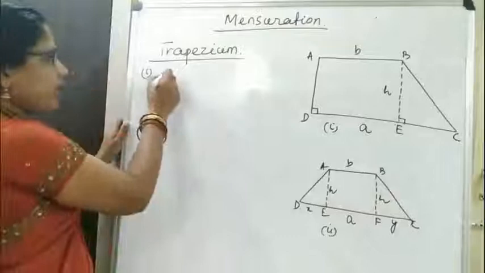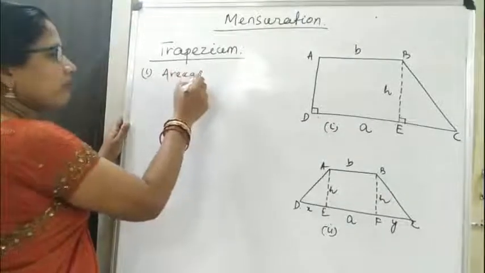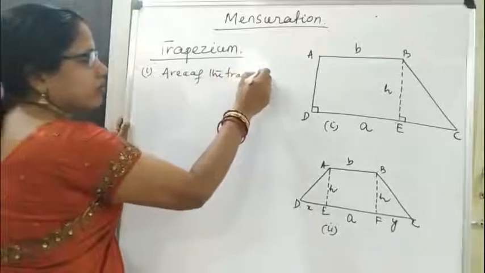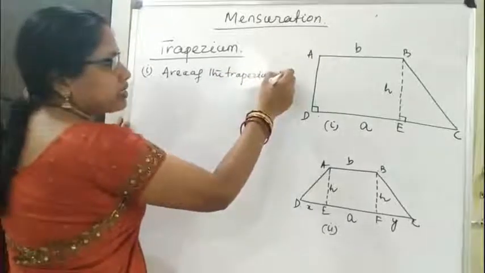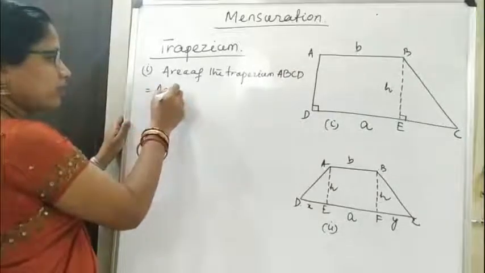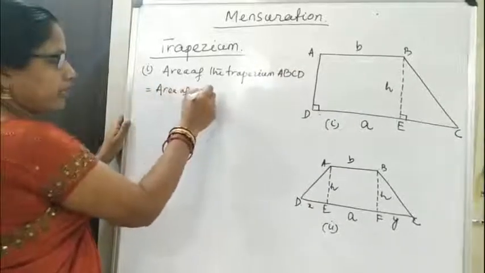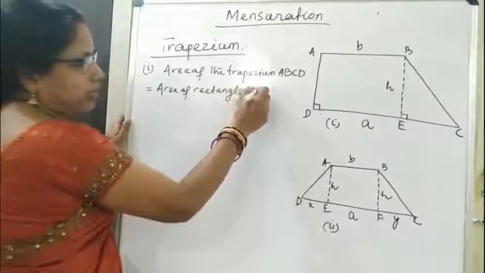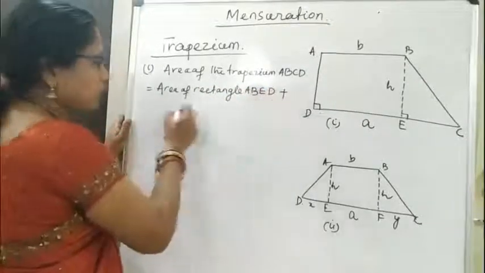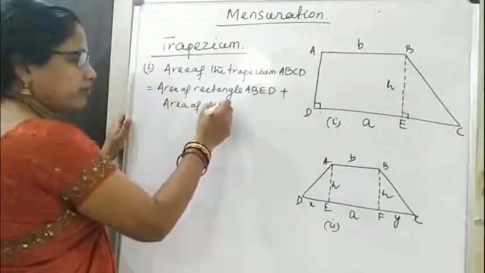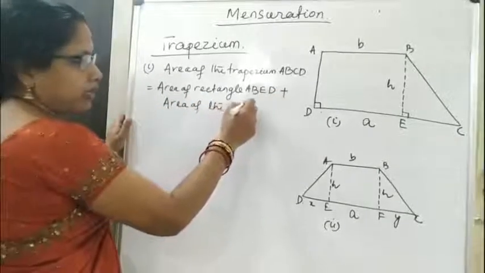So the area of the trapezium ABCD is equal to the area of rectangle ABED plus the area of triangle BEC.